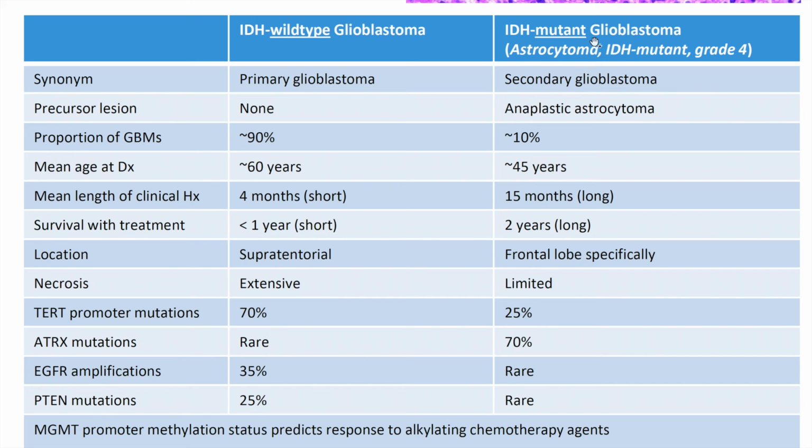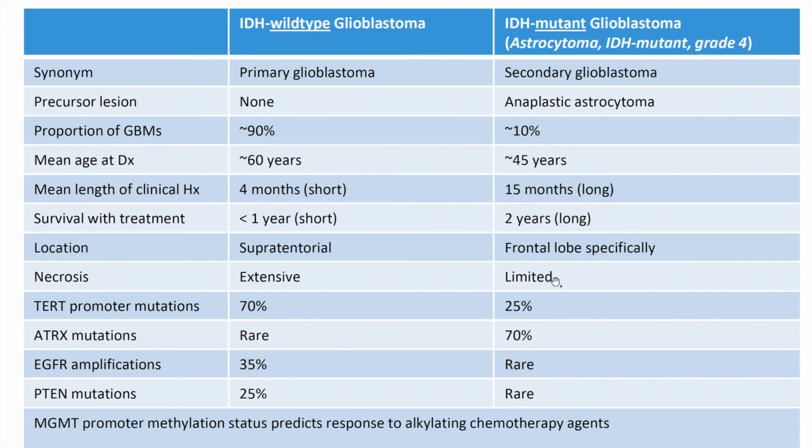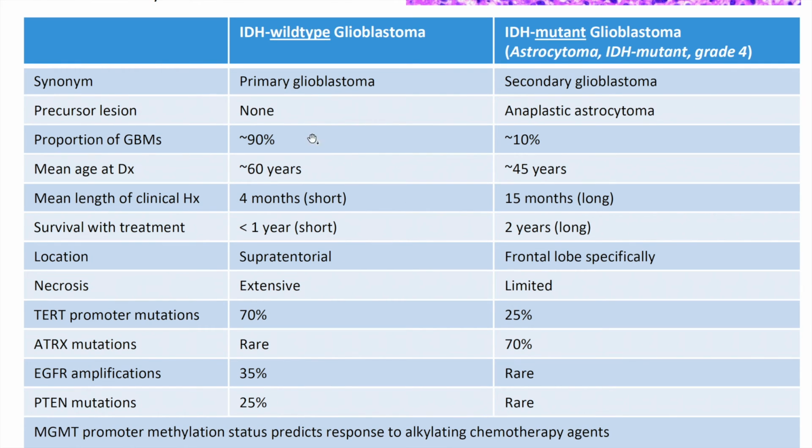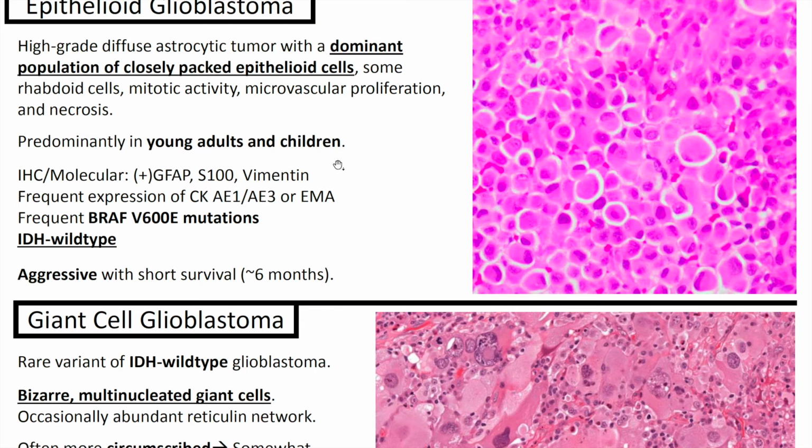But for IDH mutant GBMs, only about 25% of the time do they have TERT promoter mutations, and commonly 70% of the time have ATRX mutations and rarely have EGFR or PTEN mutations. And then MGMT promoter methylation status predicts response to alkylating chemotherapy agents.